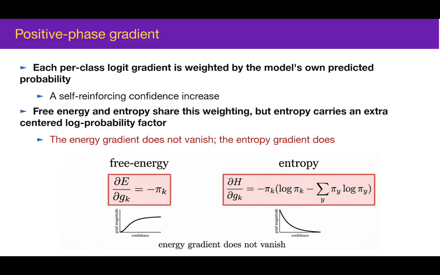That is the vanishing gradient issue I mentioned earlier, and energy does not have that term. So the energy gradient keeps working even when the model is very sure. As we can see, that is the real difference between these two.